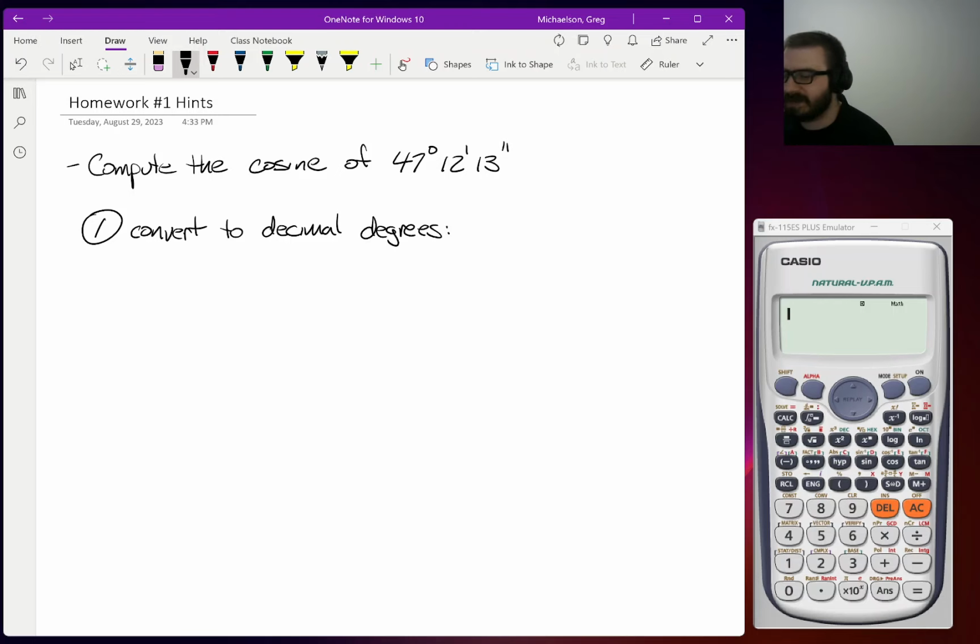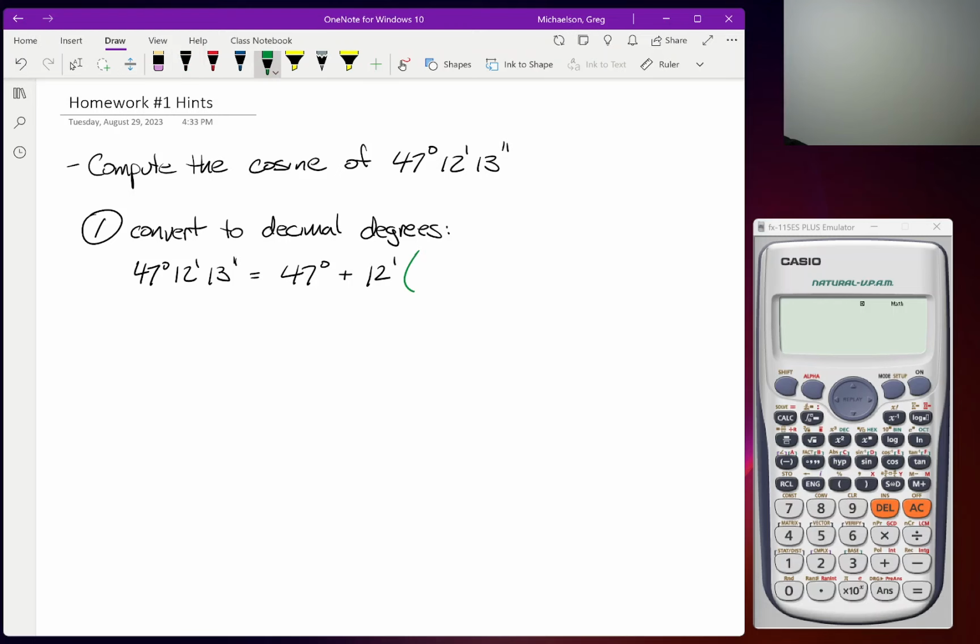Okay, and so what that means is that if you have 47 degrees, 12 minutes, 13 seconds, you have 47 degrees plus you have 12 minutes, but then you need to convert that, and the way that you do that is you say that there's 1 degree per 60 minutes.